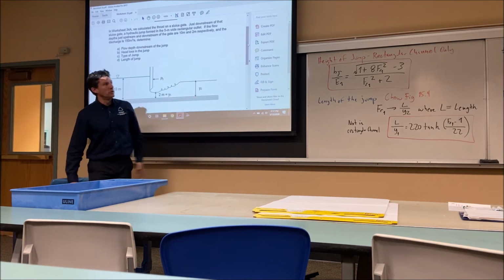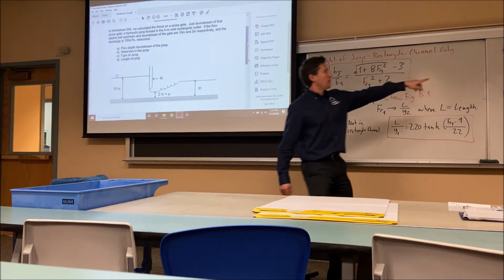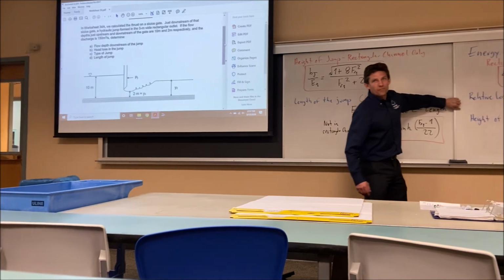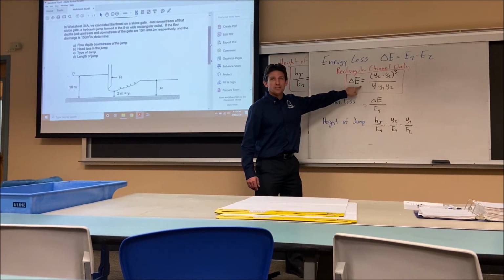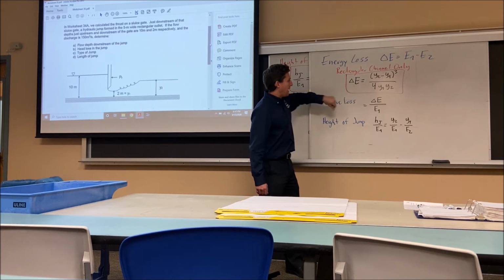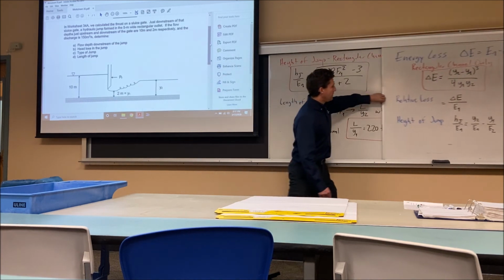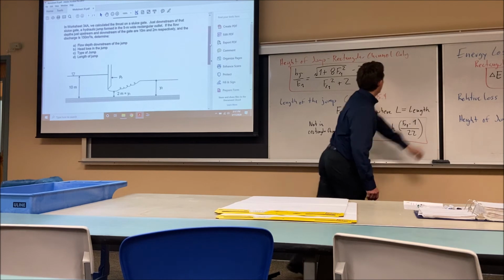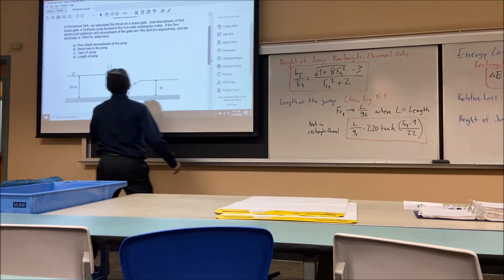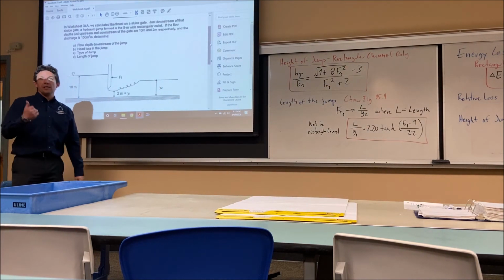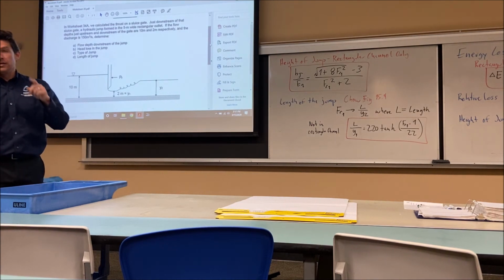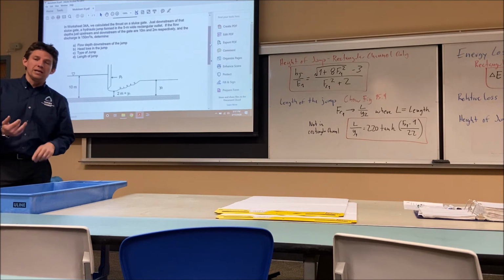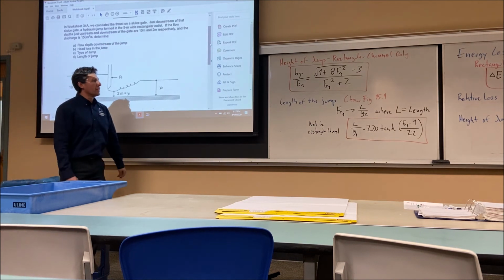Once you've got Y2, can you use this equation here for the energy? I can pull this over. Can you use this equation to figure out what your delta E is going to be? Oh yeah, right? So you can easily do that. Once you've got that figured out, you can get the type of jump classified based off figure 15.2 from Chow as either undulating, oscillating, weak, steady, strong, based on that Froude number.